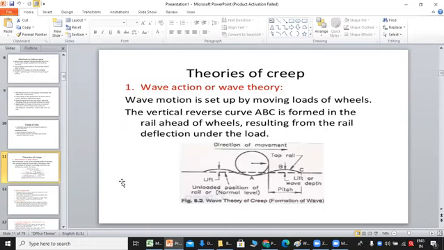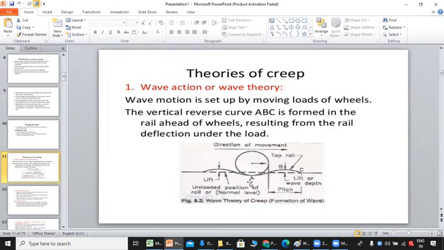Wave action or wave theory. Wave motion is set up by moving loads on wheels. The vertical curve ABC is formed in the rail ahead of the wheel, resulting from the rail deflection under the toe. Now if you see this figure 8.2, wave theory of creep, formation of wave, how the wave forms.